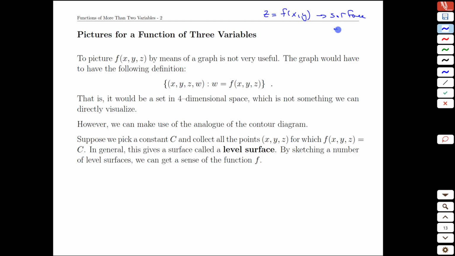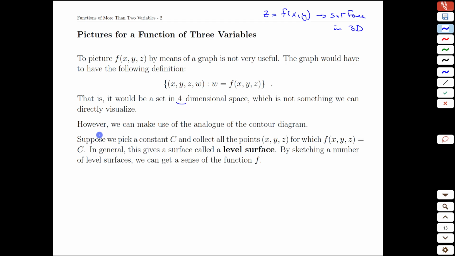But it was a surface that lived in a three-dimensional space. We needed three dimensions to show this or display this. In this particular scenario, if we have x, y, and z as our inputs, and a fourth value as the output, we would need four dimensions to graph that in the same kind of way. So that's probably a non-starter for most of us.